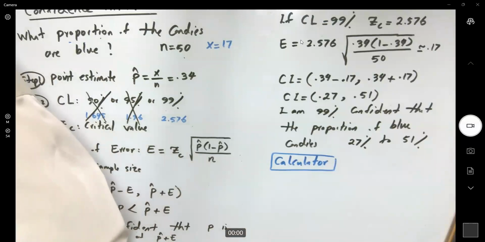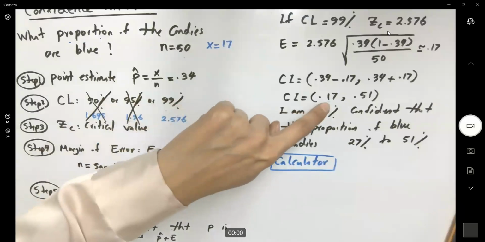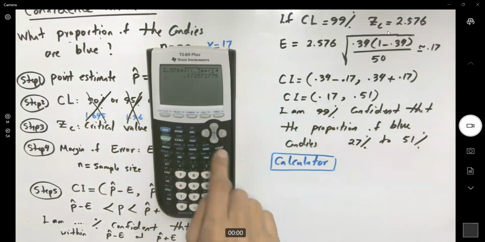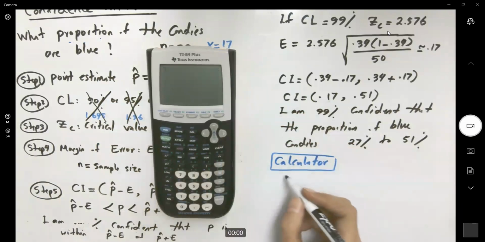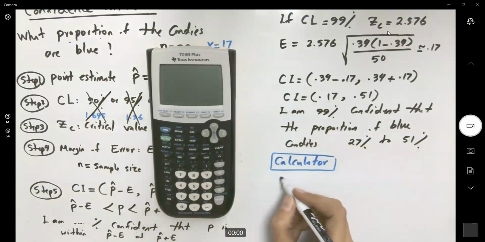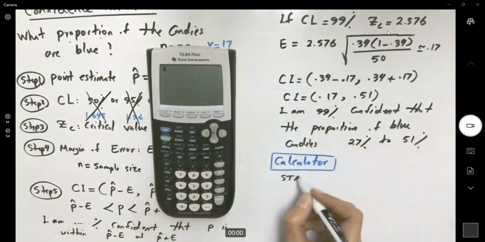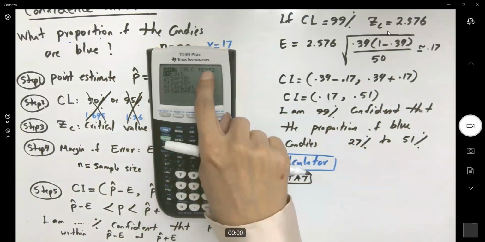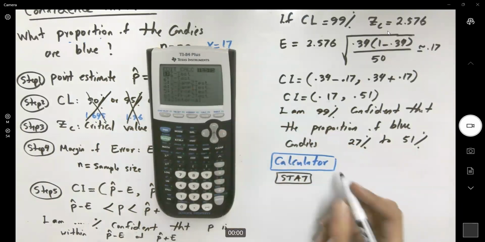Wait, Professor, I have a question. Fix this to 17, not 27. So let's go to the calculator. Here we go. So we're going to go to stat. Then we're going to go to tests.